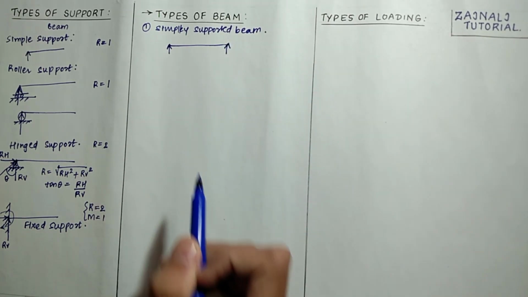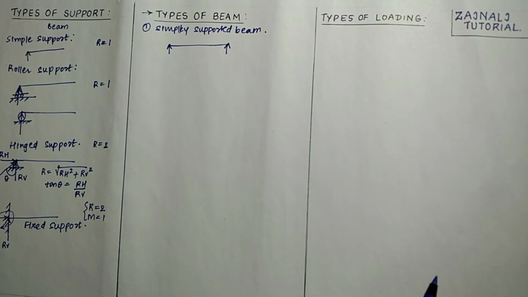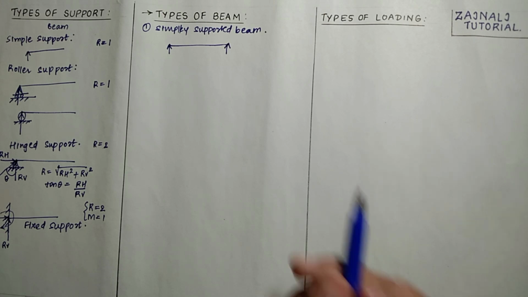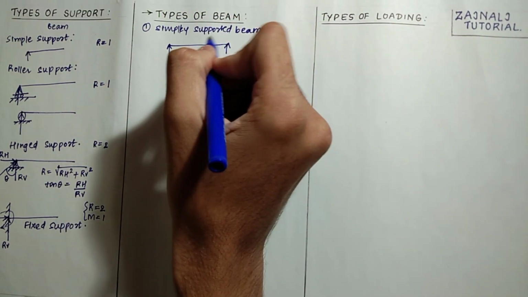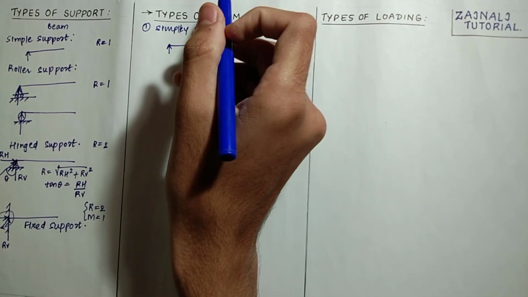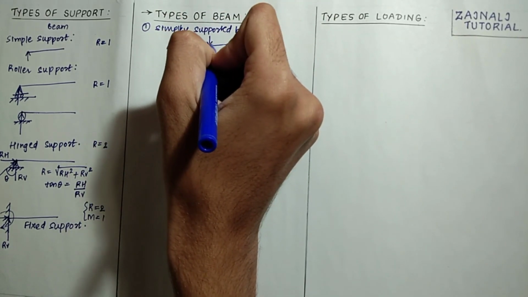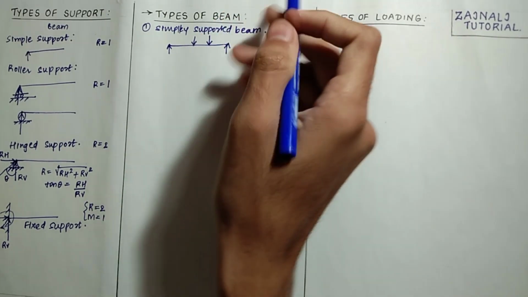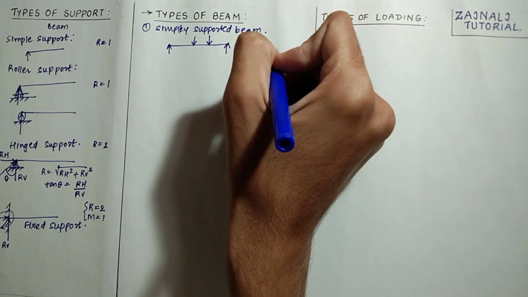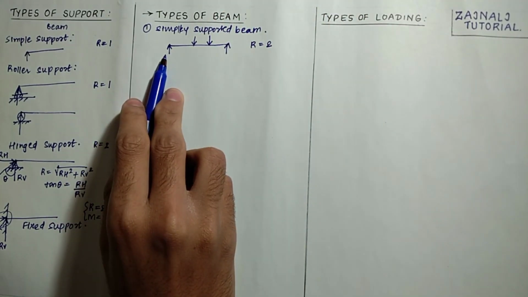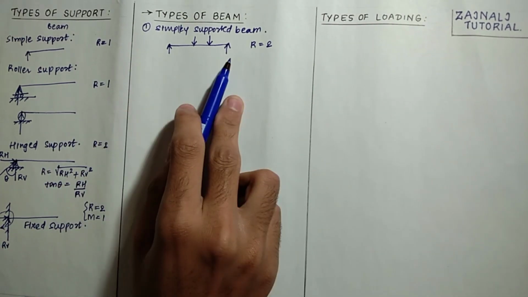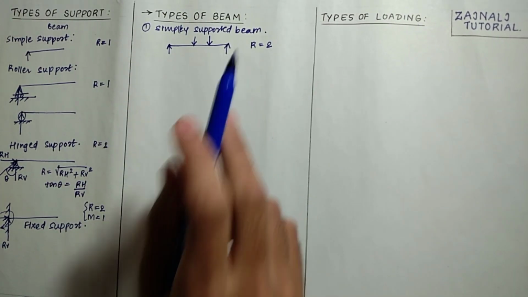Then such a beam is regarded as a simply supported beam. Such a beam can bear the load normal to the axis, meaning the loads are applied in these directions, as we know. In this case the number of reactions would be equal to 2, as each support will apply one reaction, so the total would be 2.